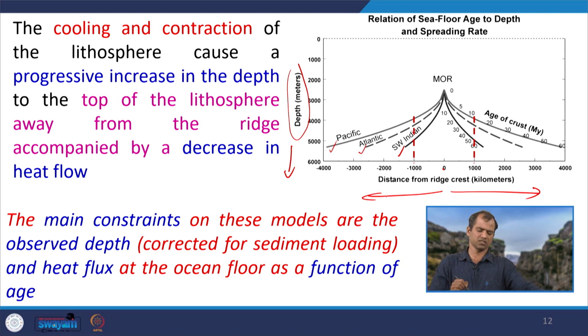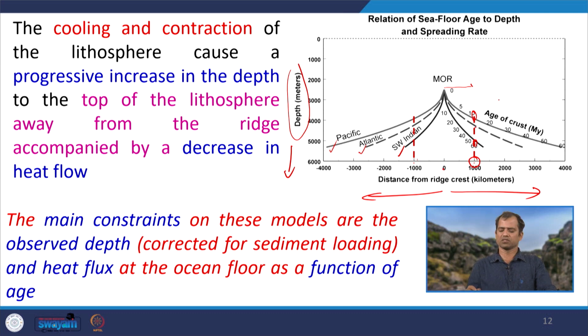Now, suppose we are 1000 kilometers away from the ridge crest of all these ridges. Within that 1000 kilometers, if you see the Southwest Indian Ocean ridge, the age is 60 Ma, and here it is 10 Ma. So, in between it will be somewhat different.